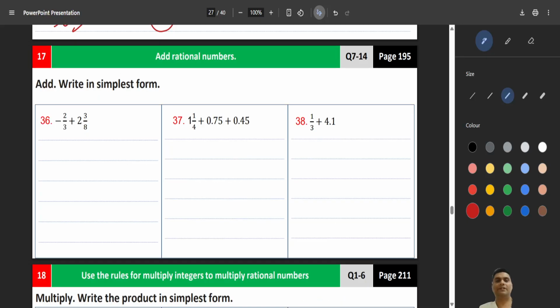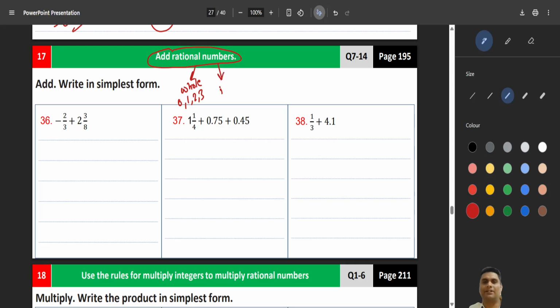Question number 17. It will be based on addition of rational numbers. Okay, now rational number yani, see all the numbers that you have studied until now, they come in rational numbers. For example, the whole numbers yani simple 0, 1, 2, 3, all these come in the rational.